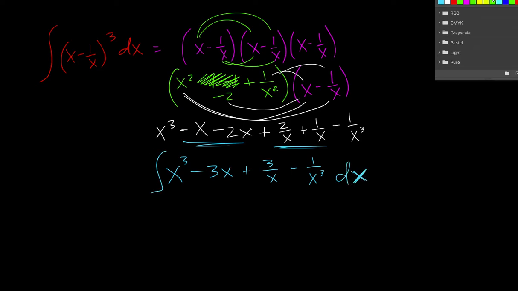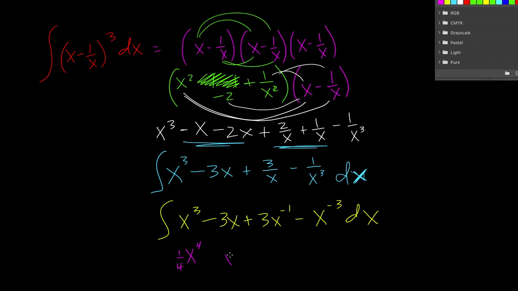Okay, so this is still in an integral. Now, one more modification before I actually take the derivative, or the antiderivative. It's going to be easier if we do it that way. Okay, so we raise the exponent by 1, and then we divide by the new exponent.